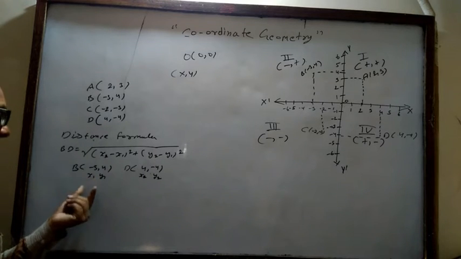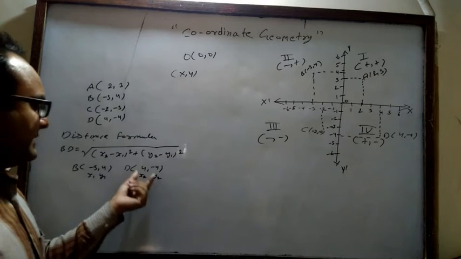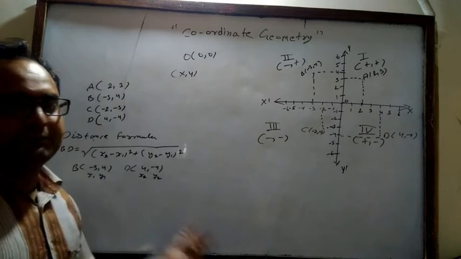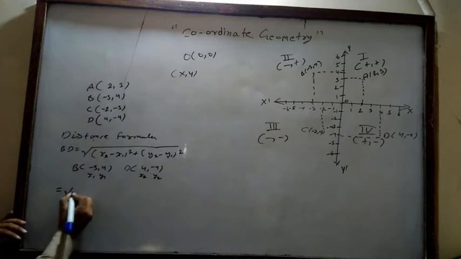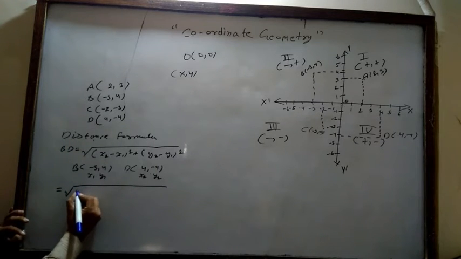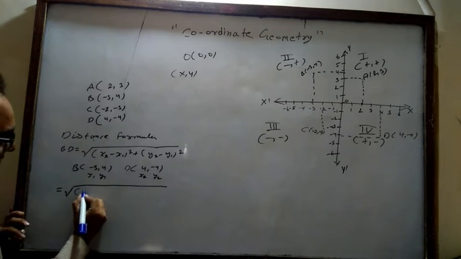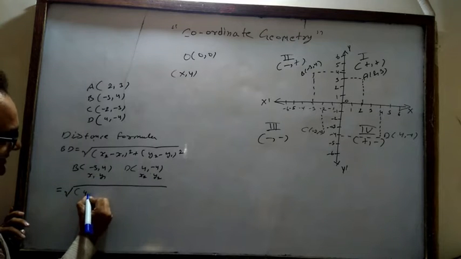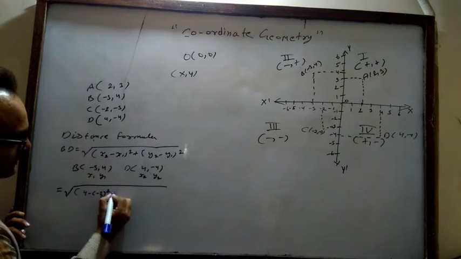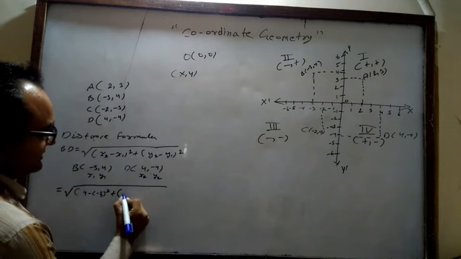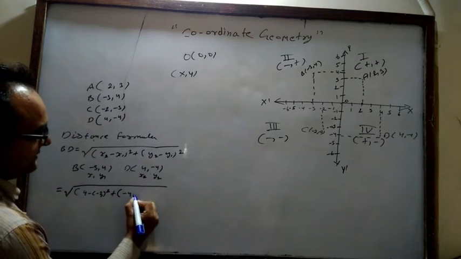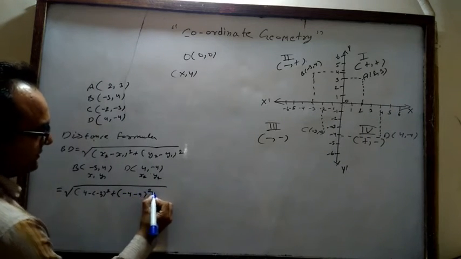The first point's coordinates will be x1 and y1, and the second point's coordinates will be x2 and y2. So we put these in the formula: x2 is 4 and x1 is minus 3, so (4 minus minus 3) whole square, plus y2 is minus 4 and y1 is 4, so (minus 4 minus 4) whole square.